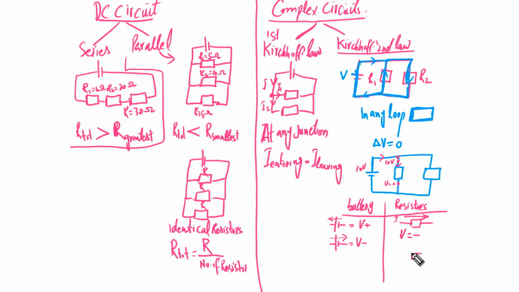The second case is that if we have this resistor, and current is flowing from left to right, and we go this way, in this case we will gain voltage. We will go from low voltage to high voltage, so V has to be plus.